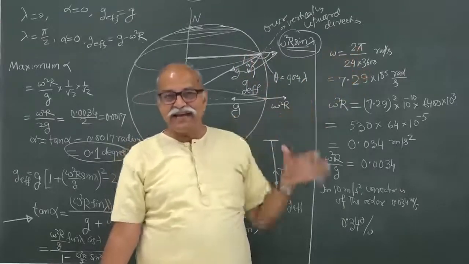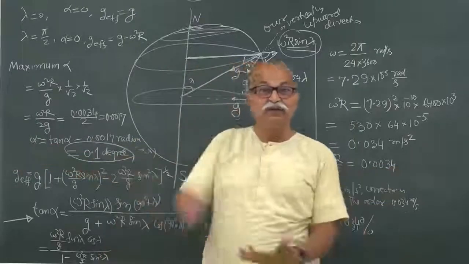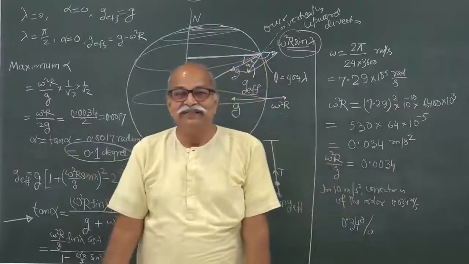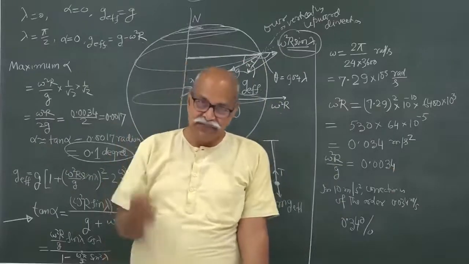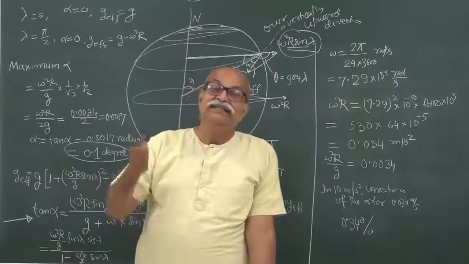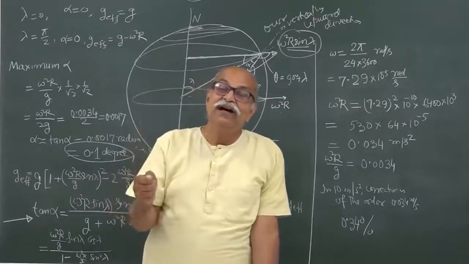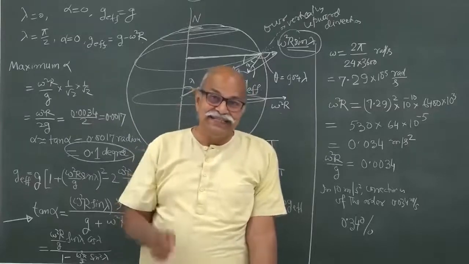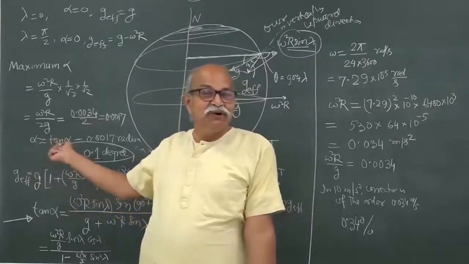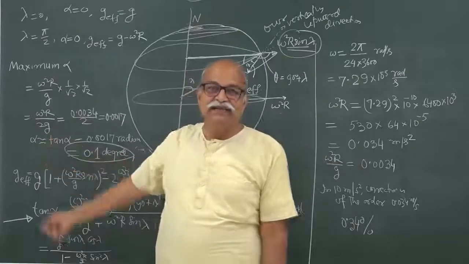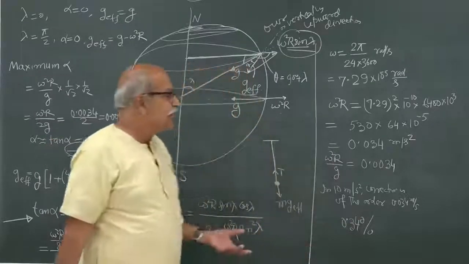So, it is not a great difference that we are not using the true vertical, but nevertheless we are using g effective, and our vertical is along g effective and not along g. Although the deviation is very small, the maximum deviation is only 0.1 degree.